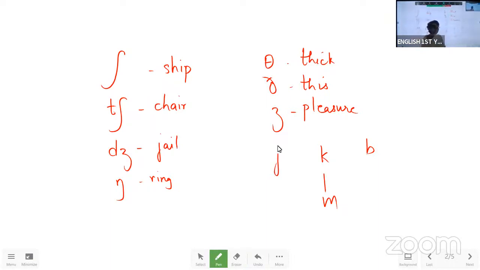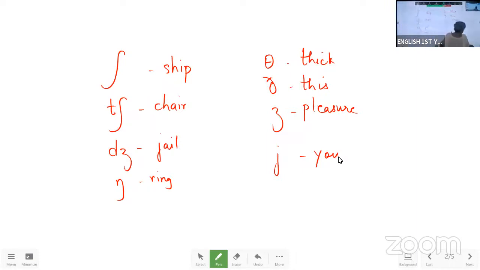This is pronounced as Y, as in you. This is the only consonant that differs. The remaining 7 are very, very easy for you to learn, children. It is not very difficult.